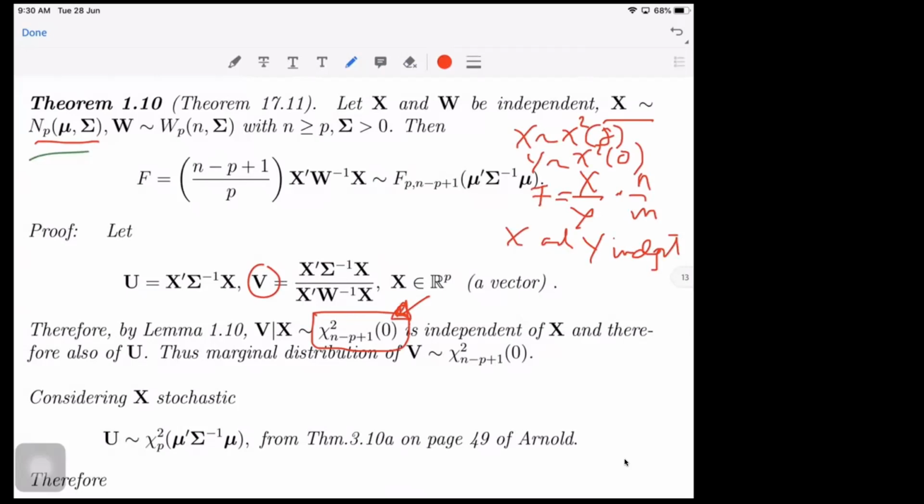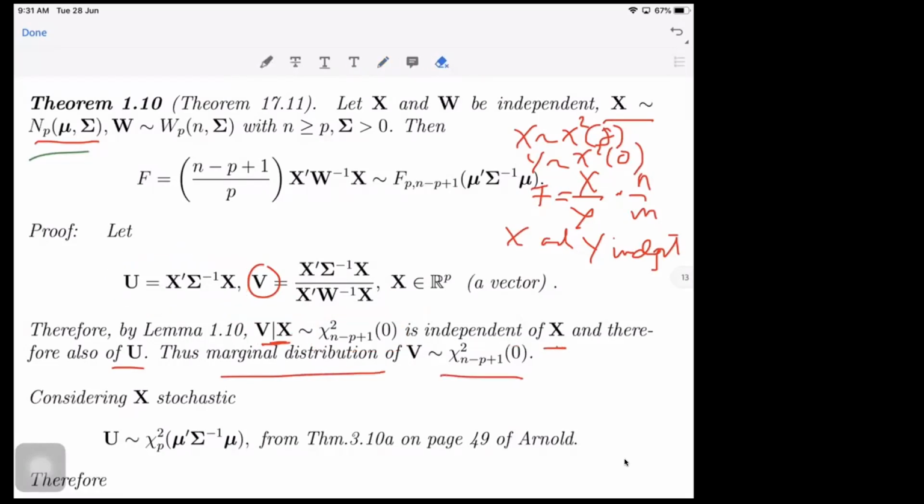Since the denominator is central, V given X is central chi-square, independent of X and therefore also of U, because U is a function of X. So if this is independent of X, then the marginal distribution of V is just the same.